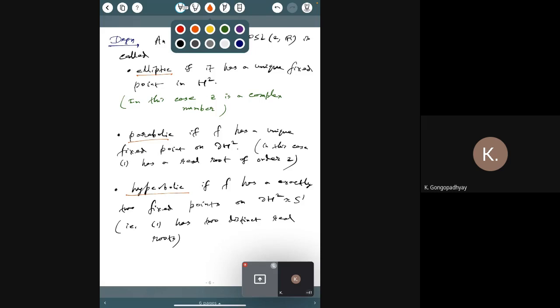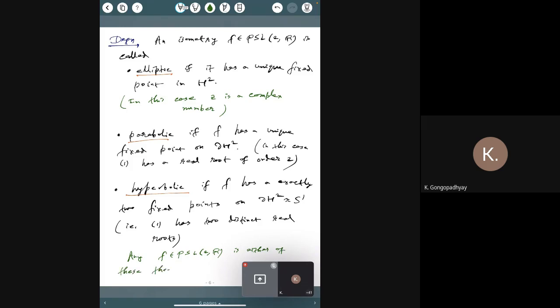Okay, so any f in PSL2R is one of these 3 types. This is a classification in terms of fixed points. Now, algebraically, what is the classification?